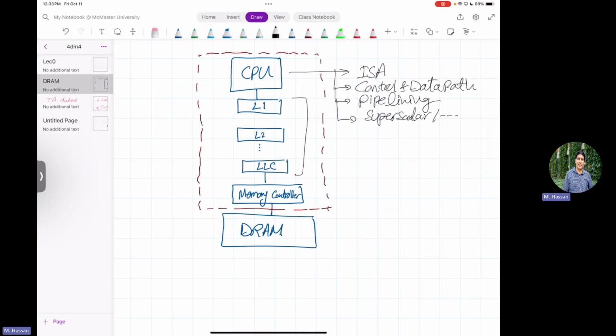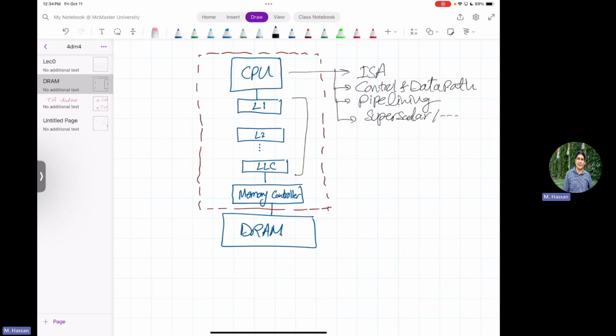So there is one big remaining component in computer architecture that we didn't discuss yet, which is the main memory, right? At the beginning of the cache lecture, we argued why memory is a bottleneck in modern computing systems, right?